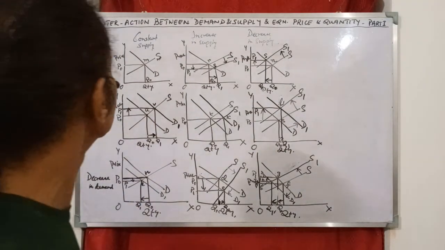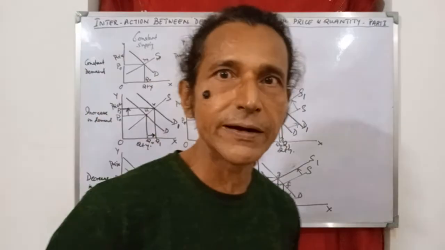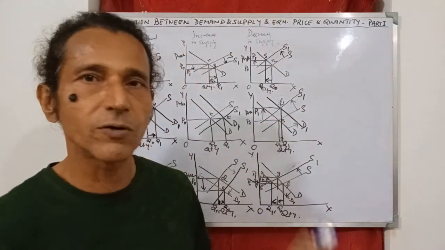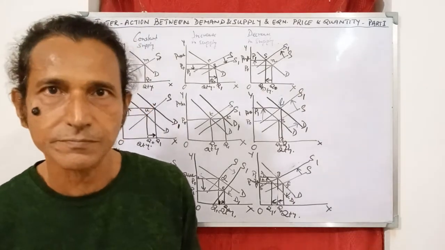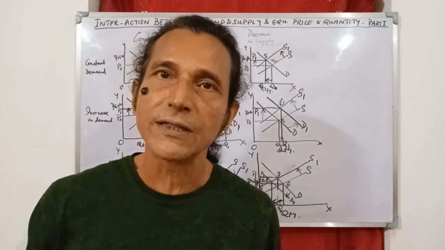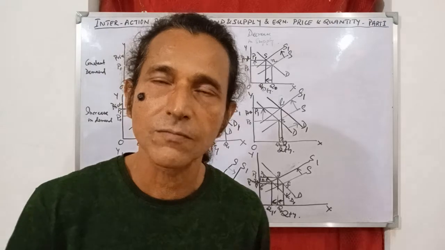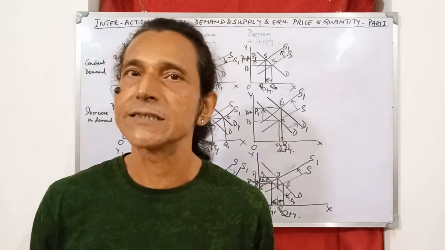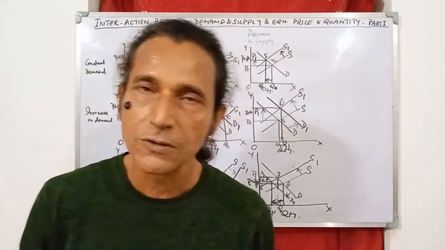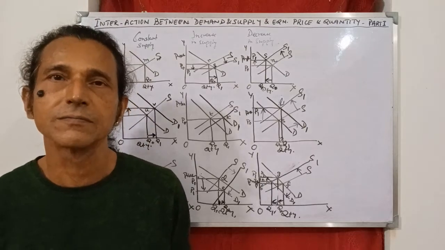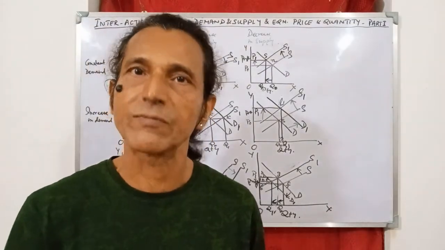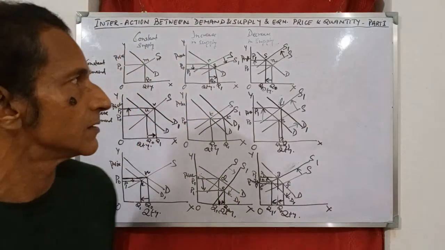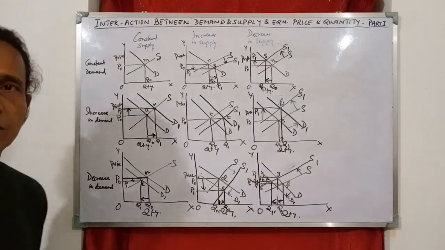In next part of interaction between demand and supply and equilibrium price and quantity, I shall discuss certain case studies. Altogether, I would discuss 10 case studies, and all the case studies cannot be included in one video. So I would make 3 or 4 parts. That is part 2, part 3, part 4, maybe part 5. So please look out for those videos.